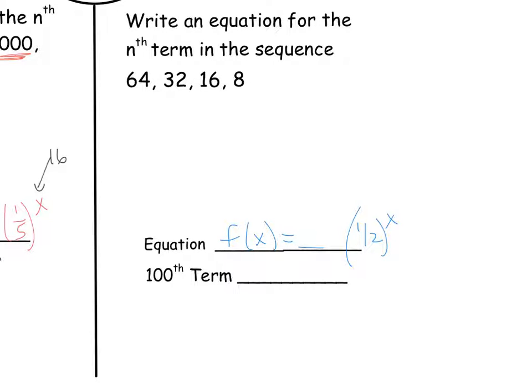So if I work backwards, what times 1/2 is 64? Well, 64 divided by 1/2 is 128. So 128 would be my zero term. The 100th term here, if I plug in 100 for x, would be 1 times 10 to the -28th. And please make sure you are practicing typing these in your calculator to know how to do these correctly. That will really help in the long run.